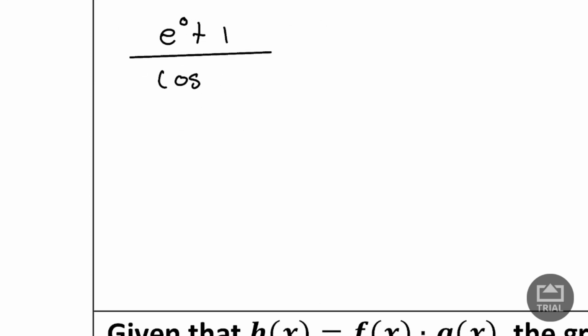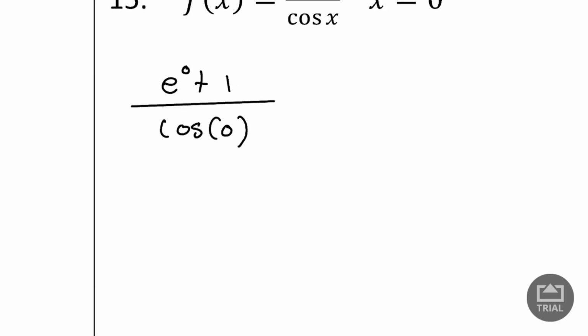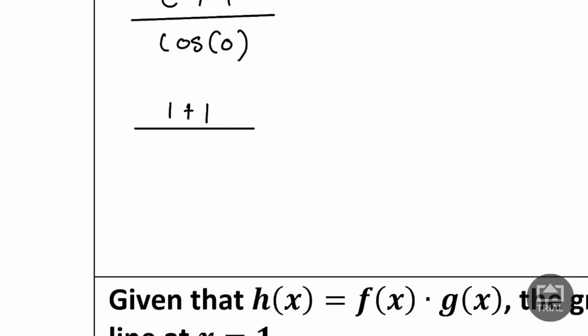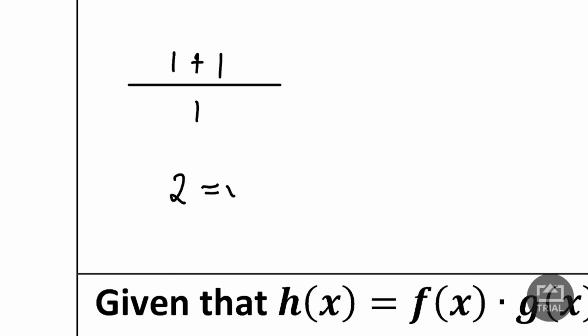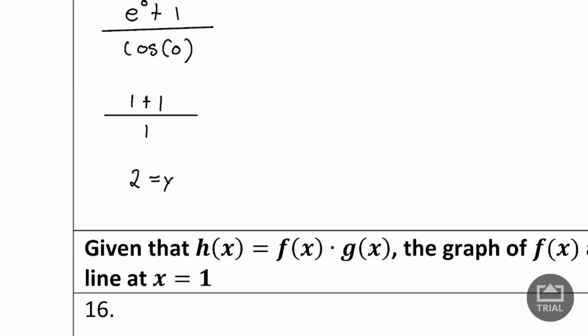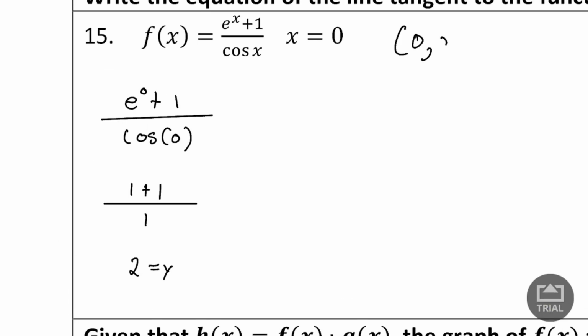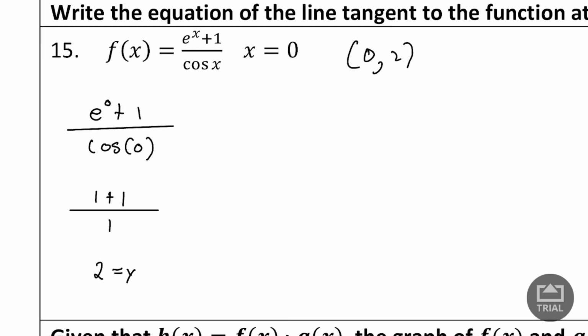So e to the power of 0 is 1, plus 1 over cosine of 0 is basically going to be 1, so it's basically 2. 2 is our y value, or in this case (0, 2).